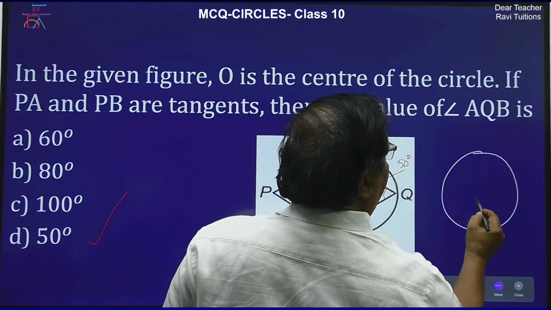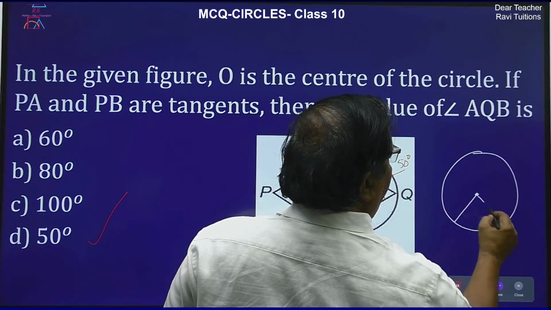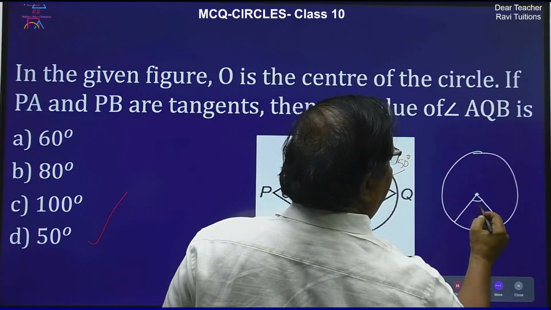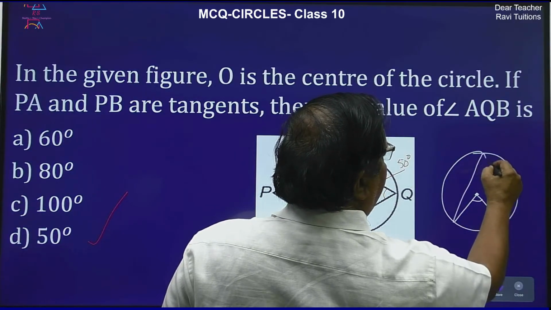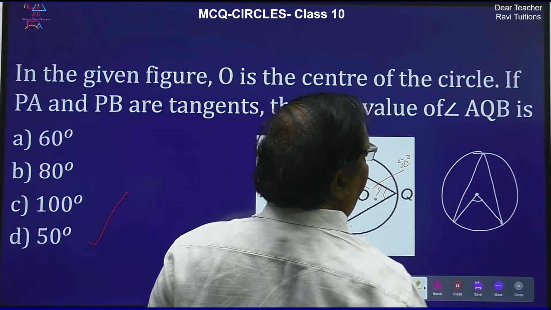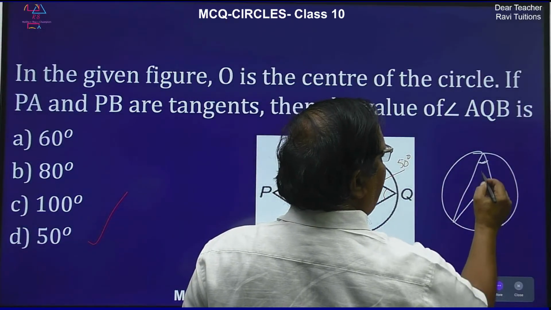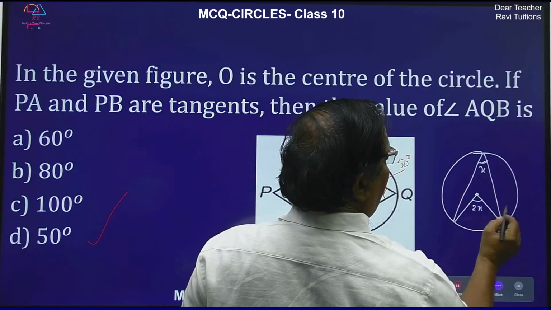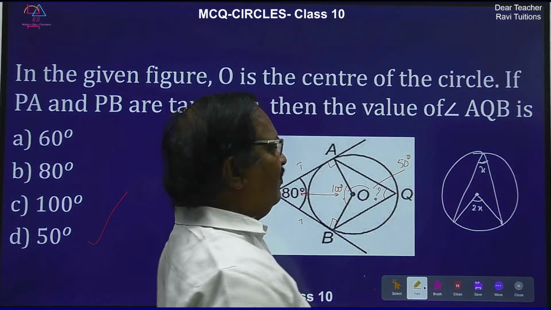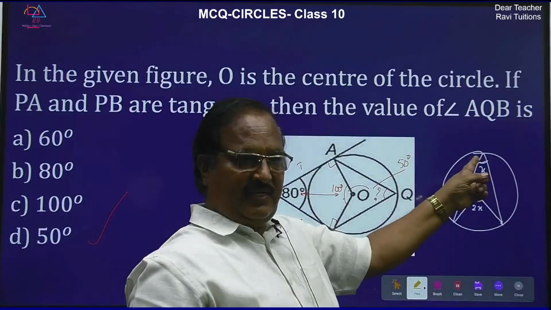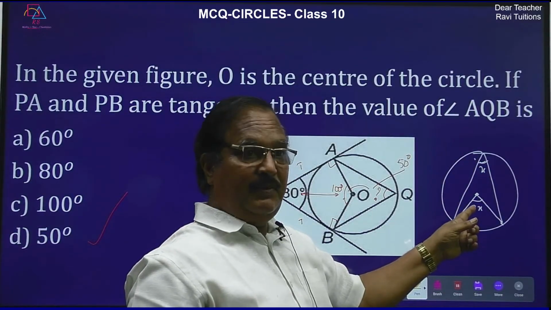This is a circle. Now we call this a central angle, and this is a circle angle. So the relation between these two: if this is x, this will be 2x, 1:2. The circle angle is smaller, and this is double.